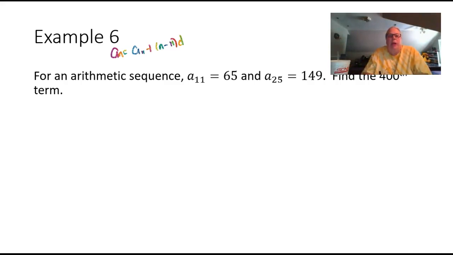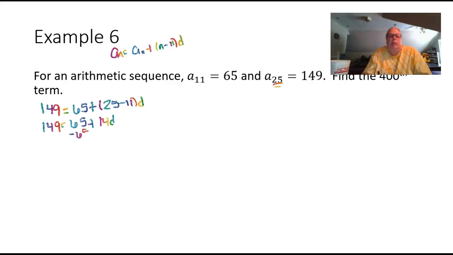All right. So 149 is going to be equal to 65 plus, now 149, this is the 25th term, so we have 25 minus 11 times that common difference d, that's what we're looking for. 149 is going to be equal to 65 plus, and this is going to be 14 times d.